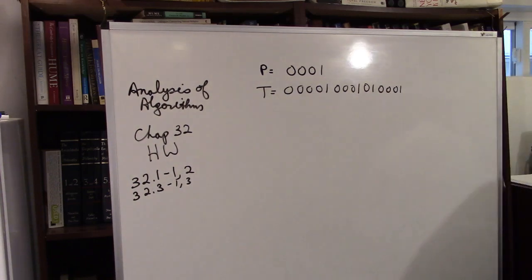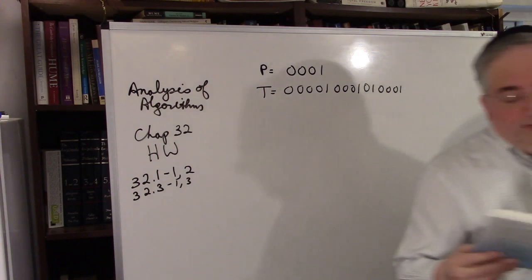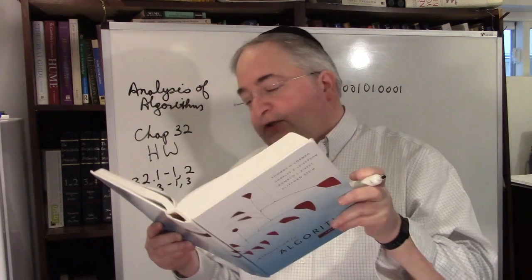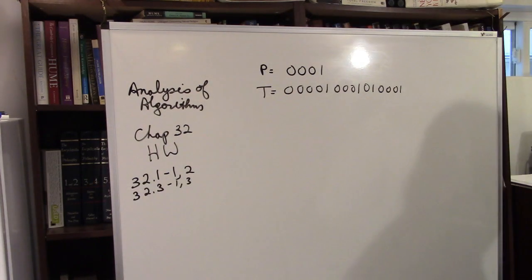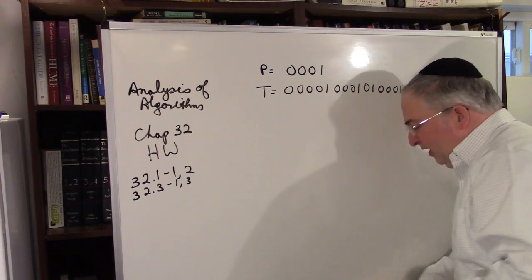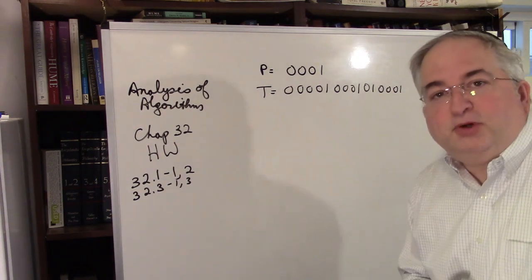Let's read the question. Show the comparisons the naive string matcher makes for this pattern in this text. The main point of this is there's a lot of repetition.